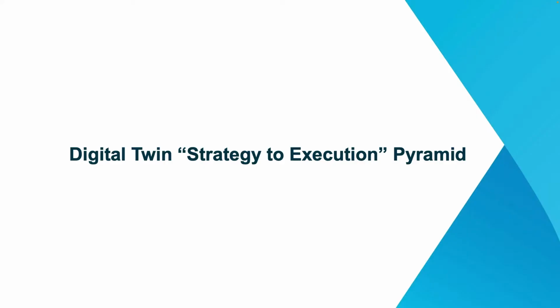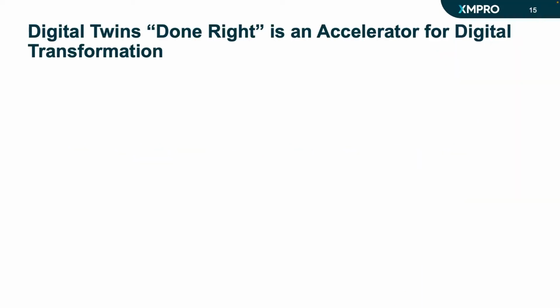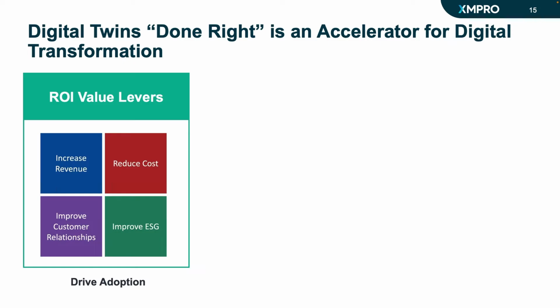So we refer to this as the digital twin strategy to execution pyramid. And again, we like to use frameworks for this. Now, what we've seen over the last couple of years working with a number of customers on this in various industries and at various sizes of enterprises, if it's done right, it is an accelerator for digital transformation, which is kind of the holy grail that a lot of organizations are trying to achieve with this.